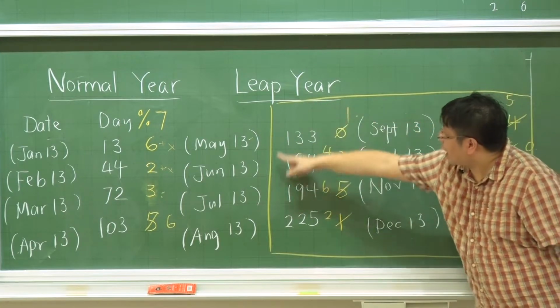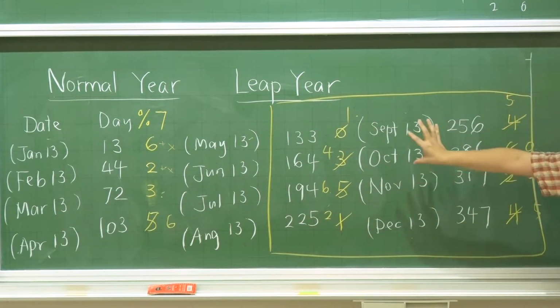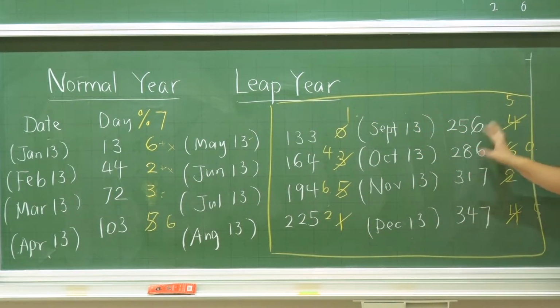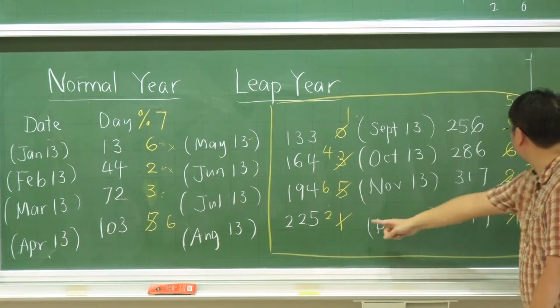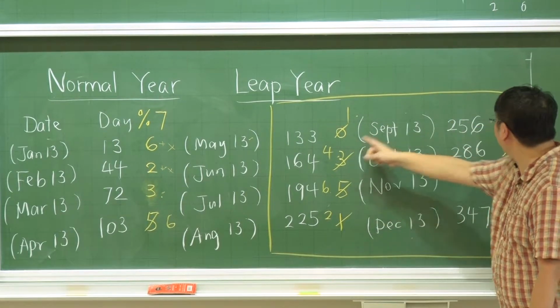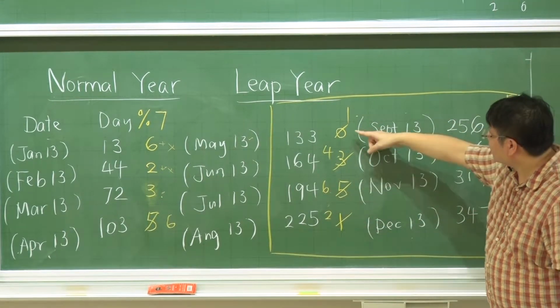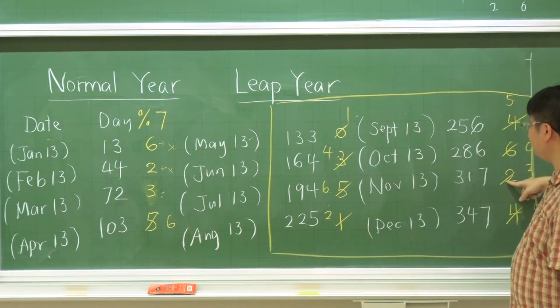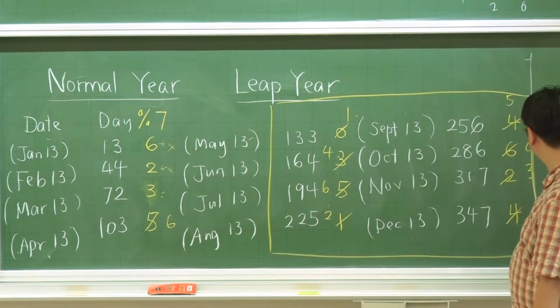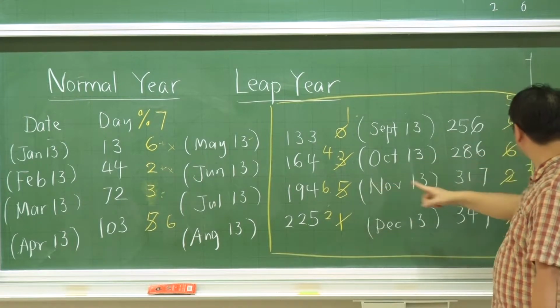Because in these last 8 months, no matter whether you are talking about a normal year or a leap year, you will have a 0, 1, 2, 3, 4, 5, 6. Here you have 0, 1, 2, 3, 4, 5, 6 in a leap year, and in a normal year there is also a 0, 1, 2, 3, 4, 5, 6.